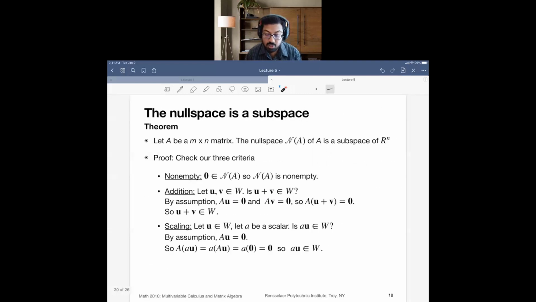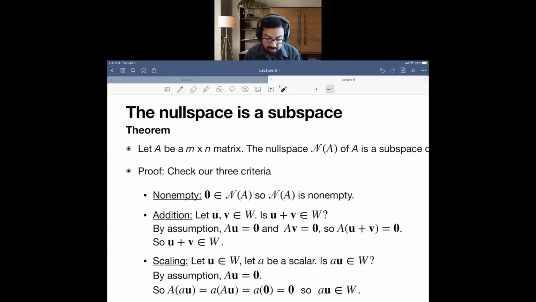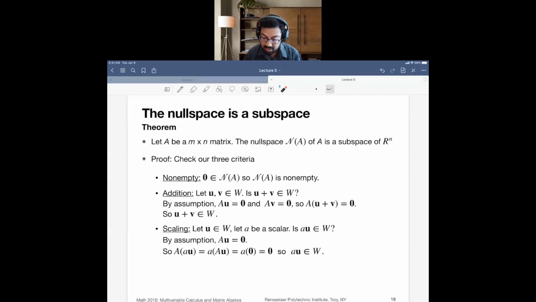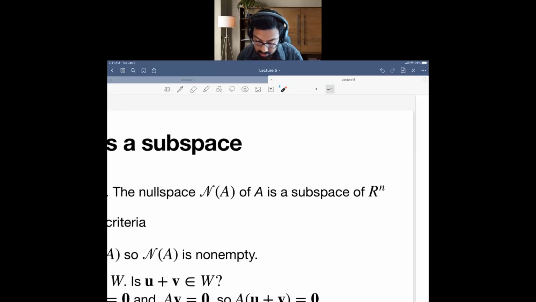The null space is also a subspace. So a span is a subspace. Now a null space is also a subspace. Let's try to check this. So A is an m by n matrix, and the null space of A is a subspace of R to the n, right? So let's take a look here.